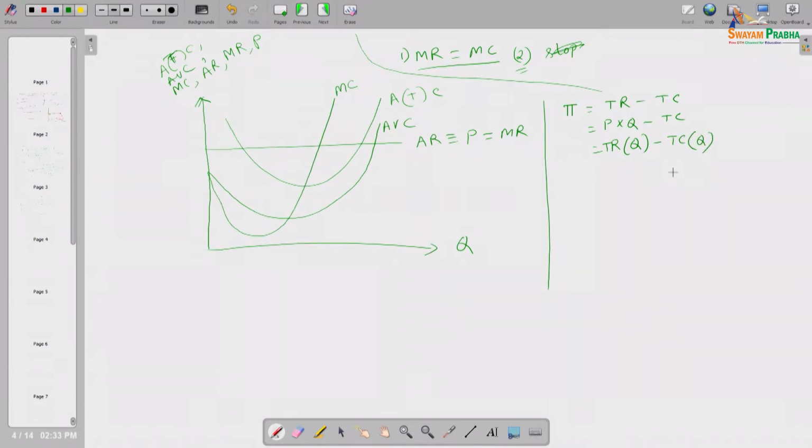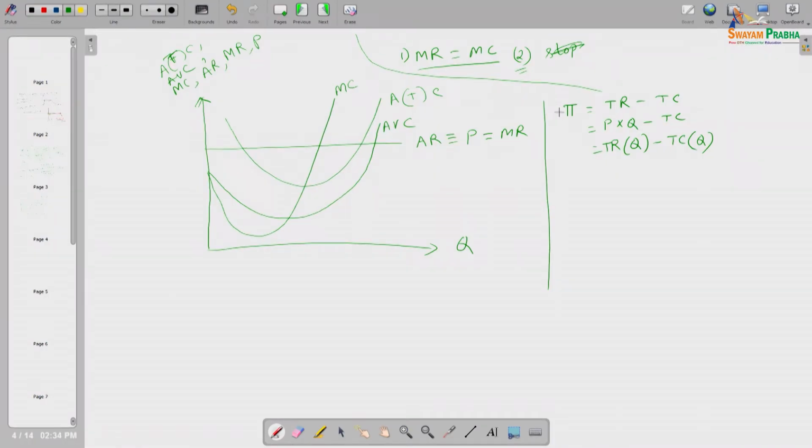Total cost is also a function of quantity, because all kinds of cost curves change as quantity changes. So, the optimum decision of a producer is to maximize profit taking quantity as the choice variable, because the choice is how much quantity of output I will produce. So, quantity is the choice variable.